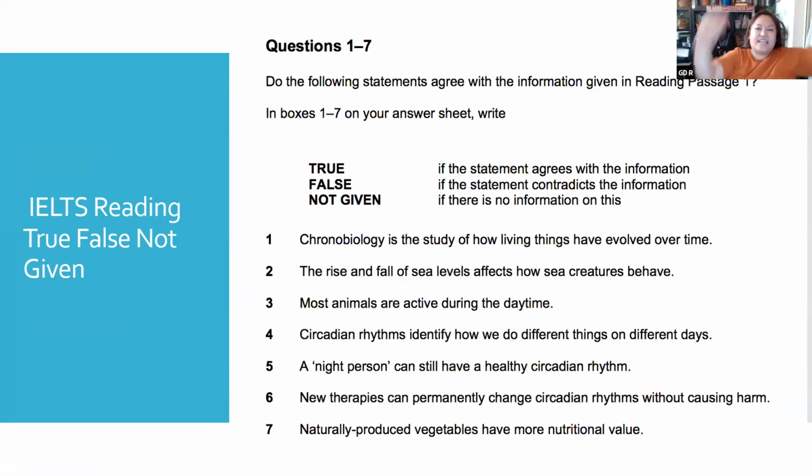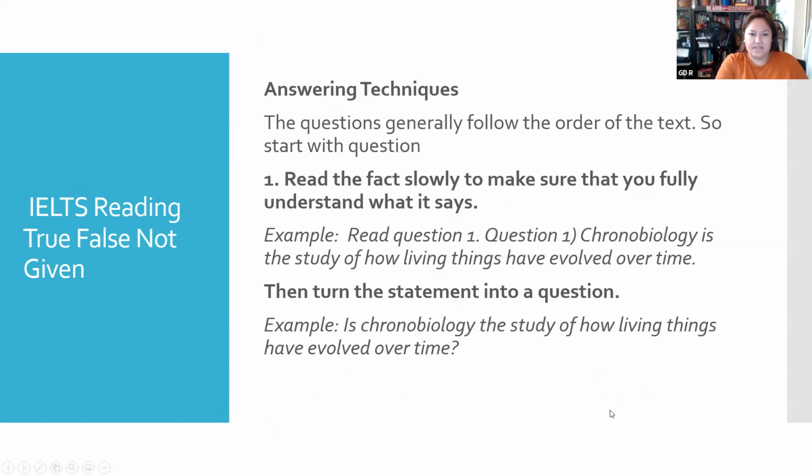Do the following statements agree with the information given in reading passage 1? In boxes 1 to 7 in your answer sheet, write true, false, or not given. So these are the statements. We'll go through them one by one. Okay, what's the technique? So read the facts slowly to make sure that you fully understand what it says.